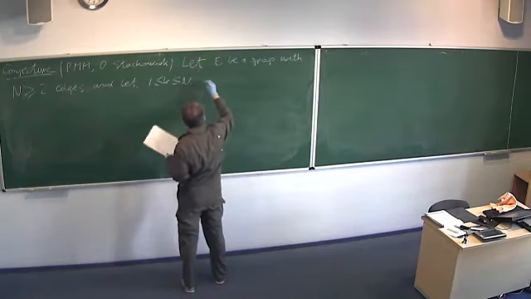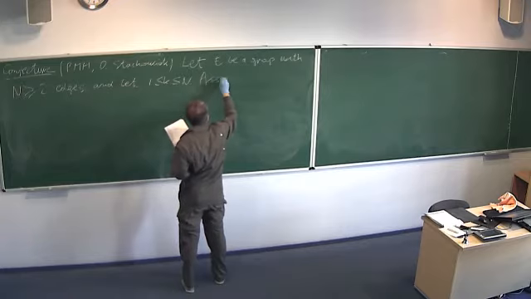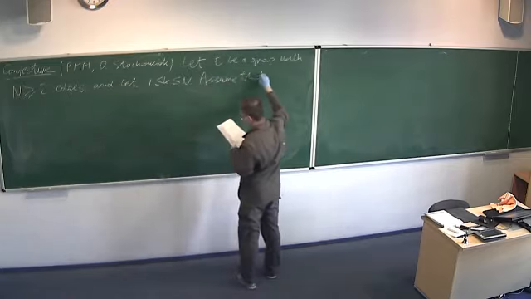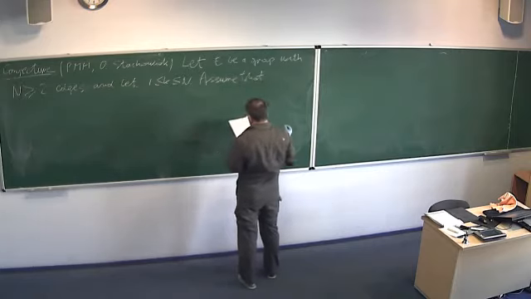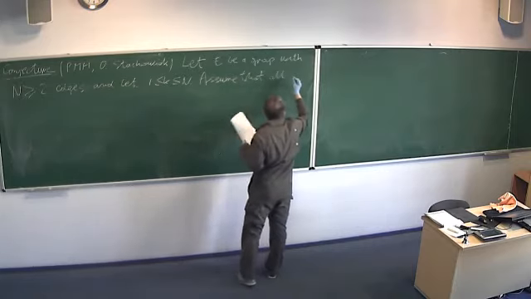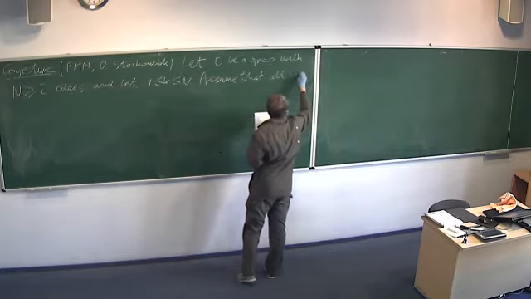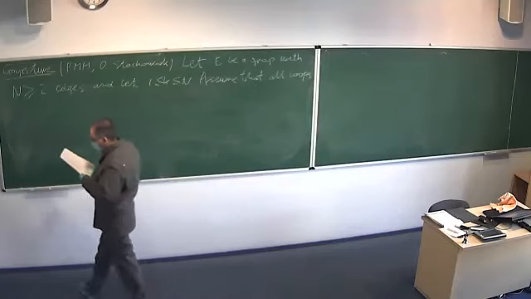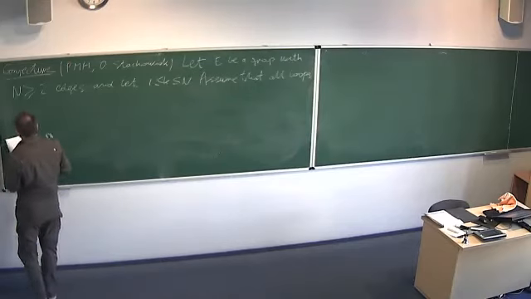And here, instead of assuming that we have absolutely no loops, and this was Oscar's idea, assume that all loops, if they exist, are at least of length k.